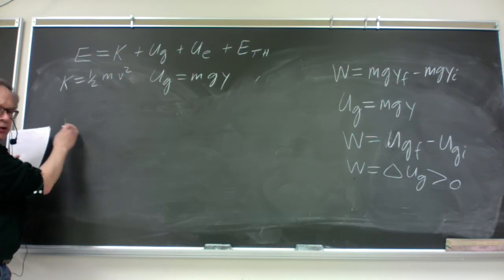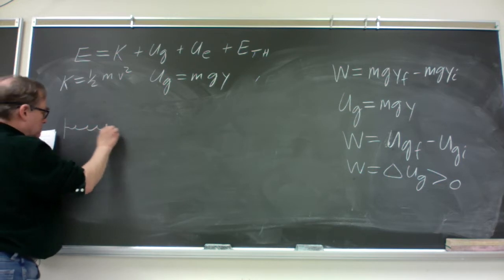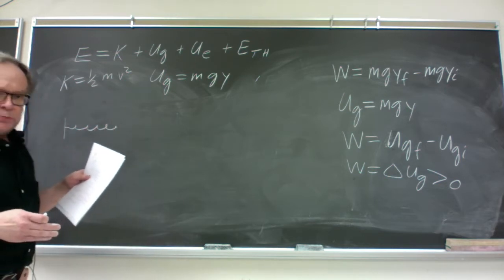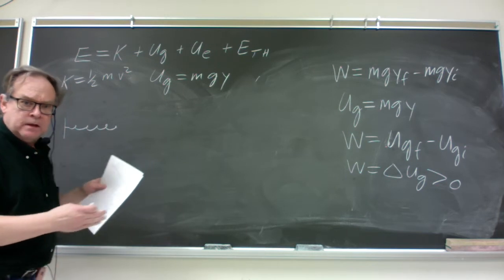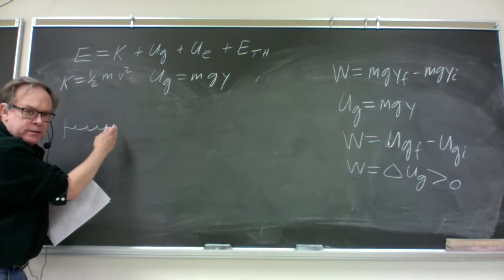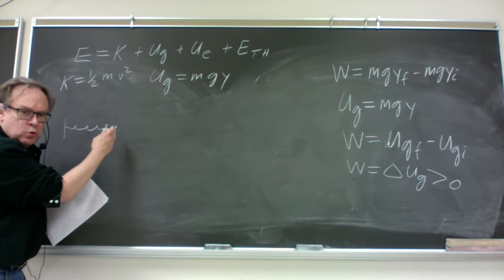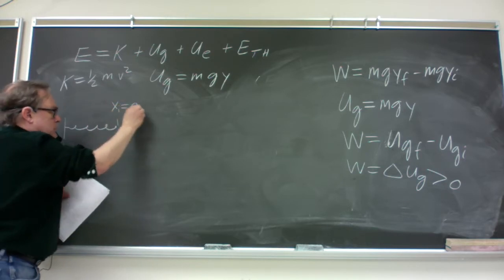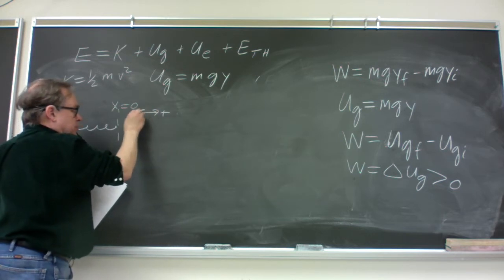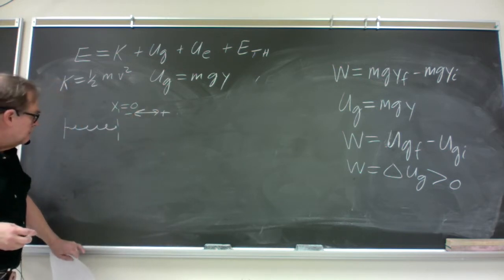One end is attached to a wall so it doesn't move. And when a spring is not stretched and not compressed, the right end of the spring ends here. We'll set up a coordinate system where we call that x equal to 0, with the positive direction to the right and negative direction to the left.